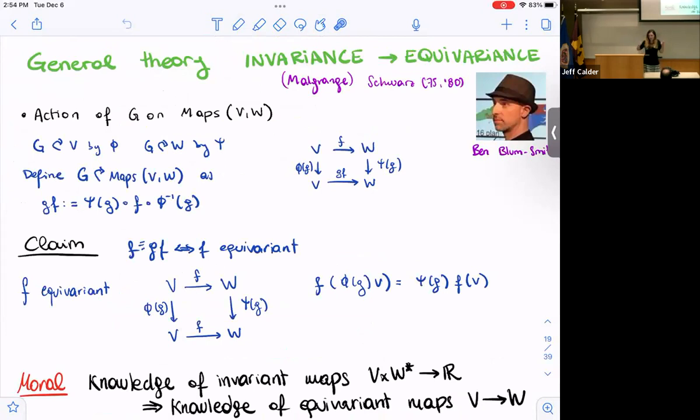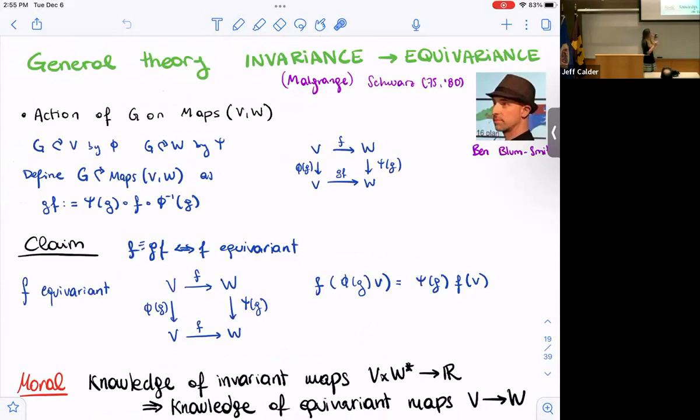There's some classical work by Malgrange. We couldn't find the citation to this actual work, but Gerald Schwarz told Ben that this work was by Malgrange, and there's some paper from the 70s that references it, but we couldn't find the exact citation.